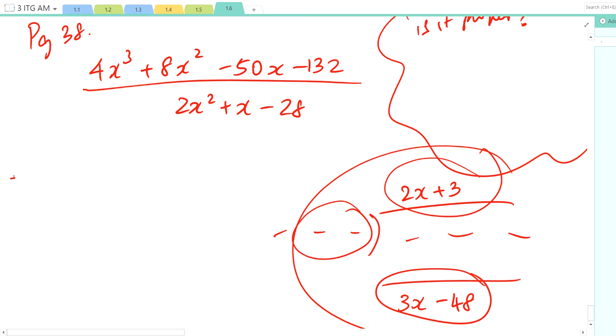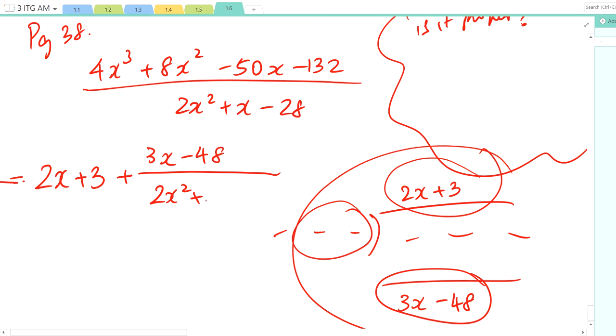So this equals the quotient, 2x plus 3, plus remainder, 3x minus 48 divided by our divisor, 2x squared plus x minus 28. At this point in time, anybody lost? Crucial step. But it is just long division.